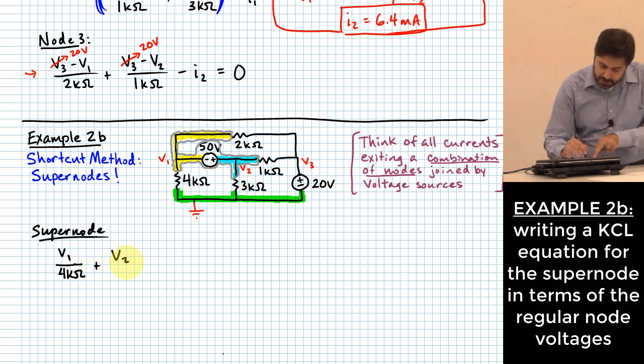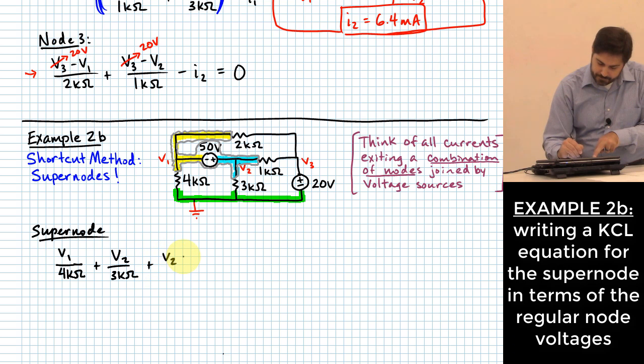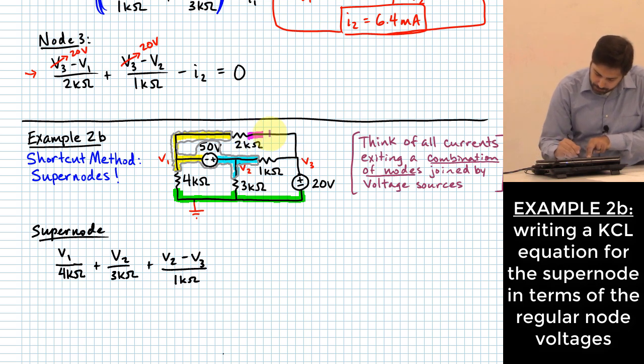I will have a V2 over 3 kiloohms. That's where it exits out of the blue toward the green. I will also have a V2 minus V3 over 1 kiloohm. That's where it goes from the blue over toward the purple.